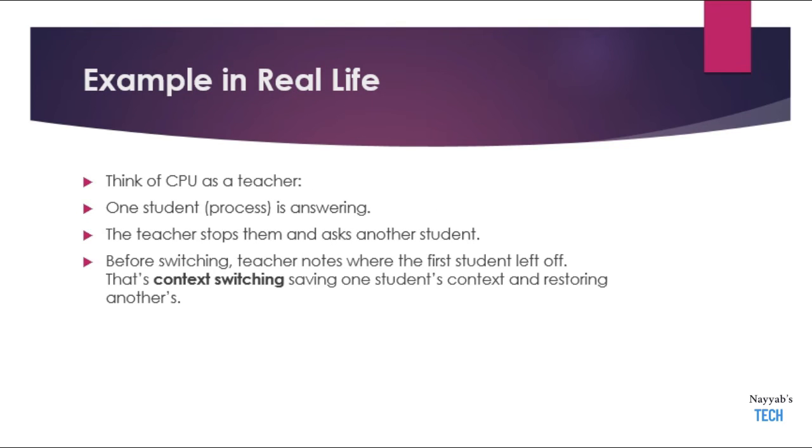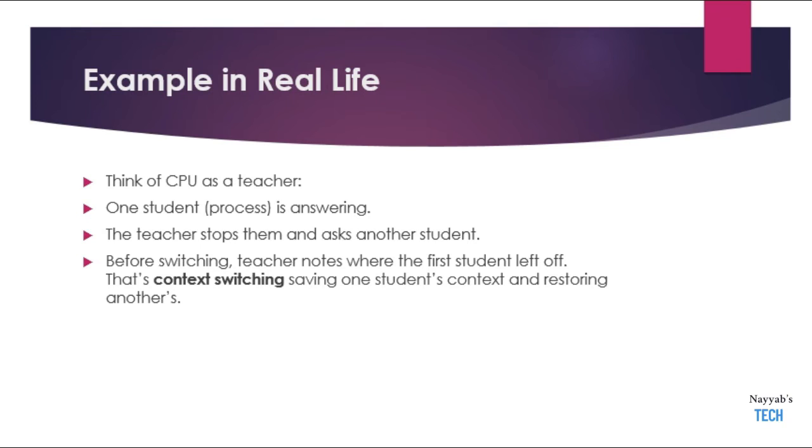Now, context switching in real life. Think of the CPU as a teacher. One student, meaning one process, is answering. The teacher stops them and asks another student. Before switching, the teacher notes where the first student left off.